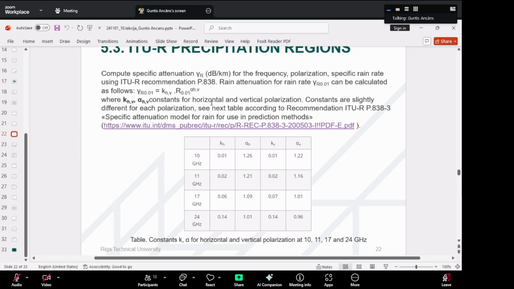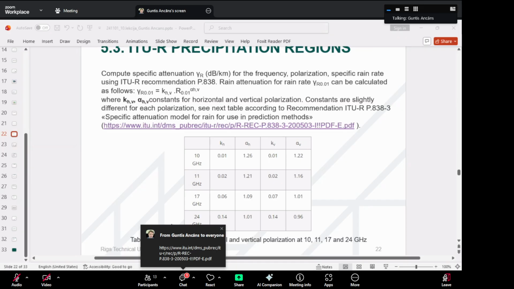Constants are slightly different for each polarization. This comes from ITU recommendation P.838. Send link in chat.